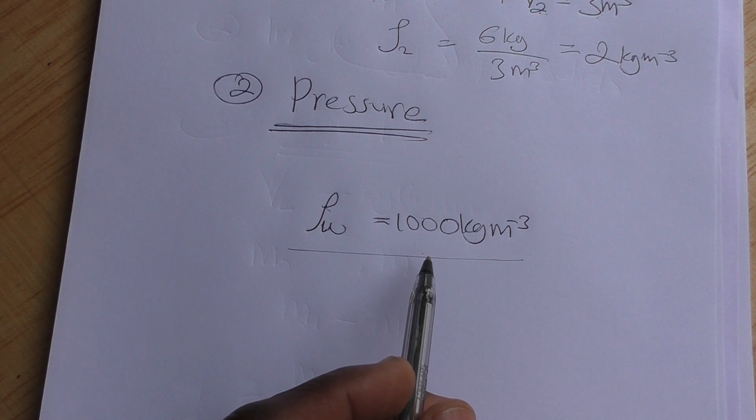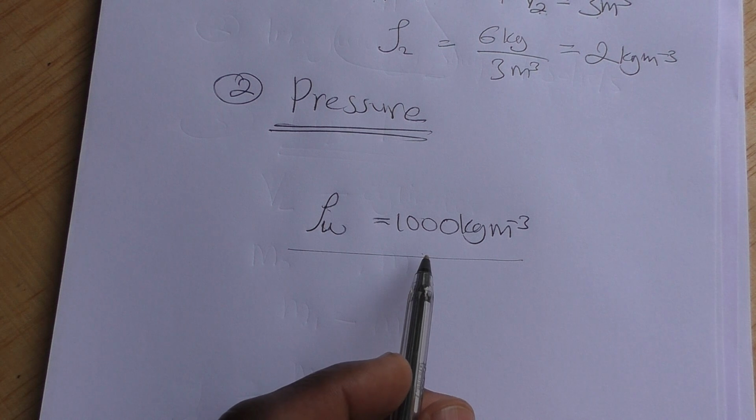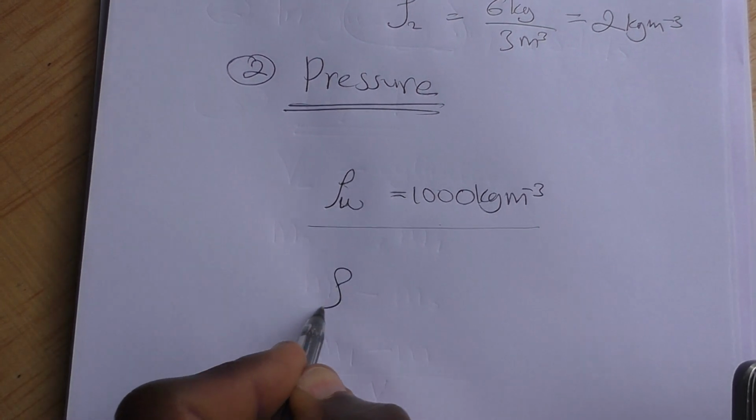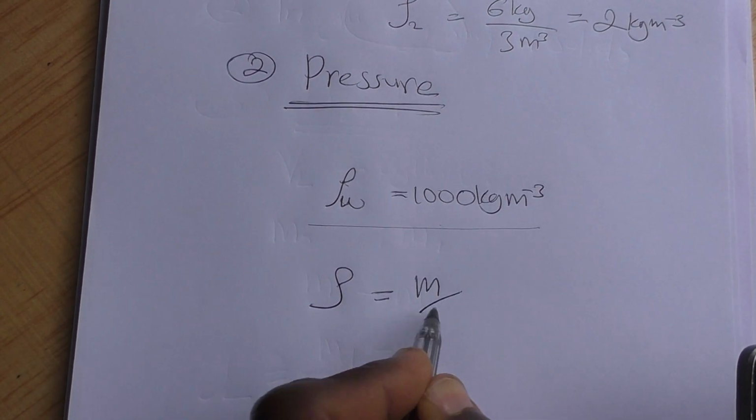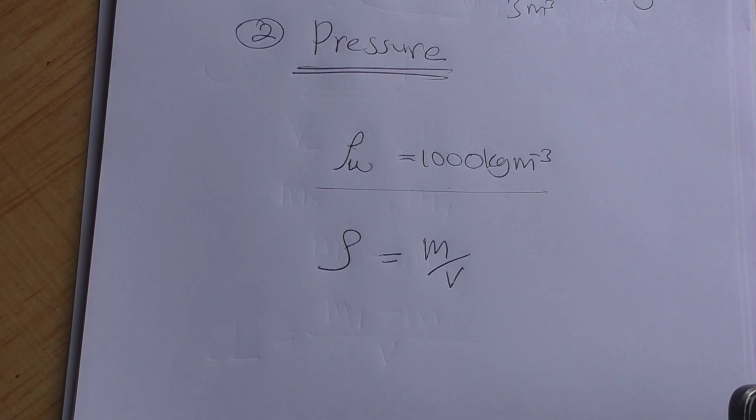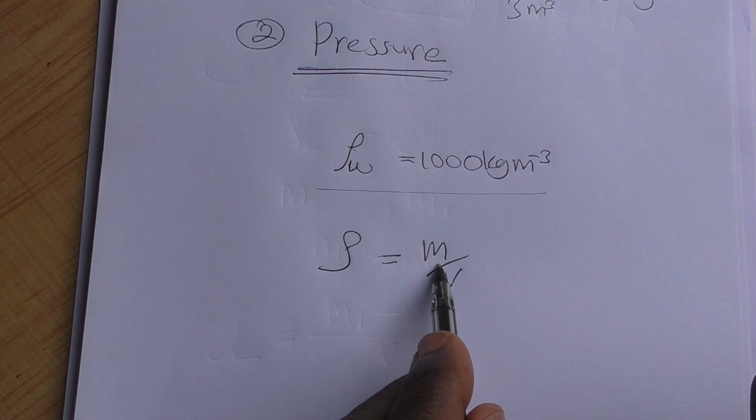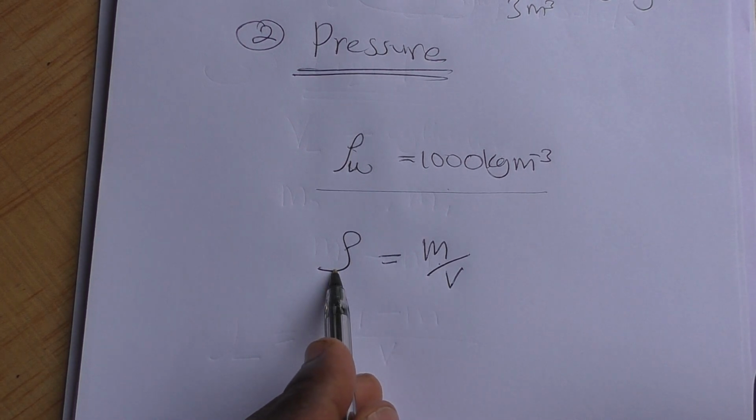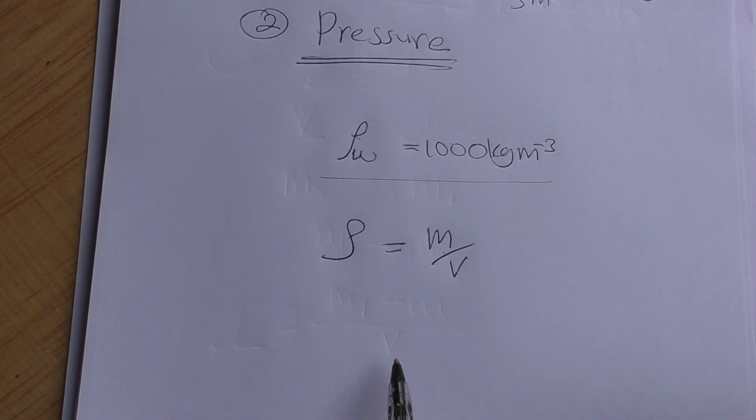And lastly, density can also be useful in finding the volume of a substance. That is, if you are finding the volume of a substance whose mass is known, since density equals mass over volume, therefore, if you know the mass and you know the density, you can automatically get the volume.